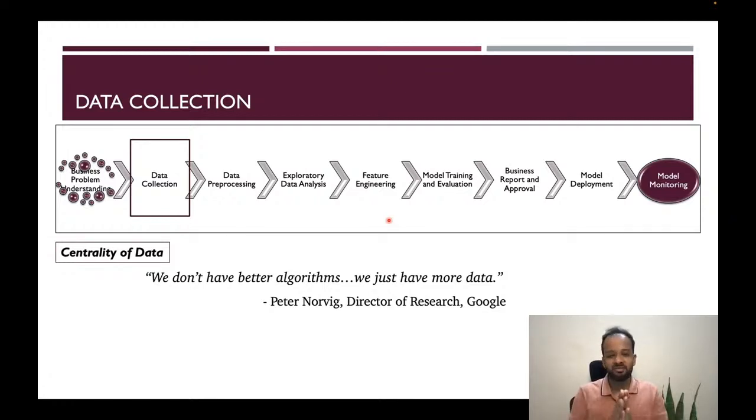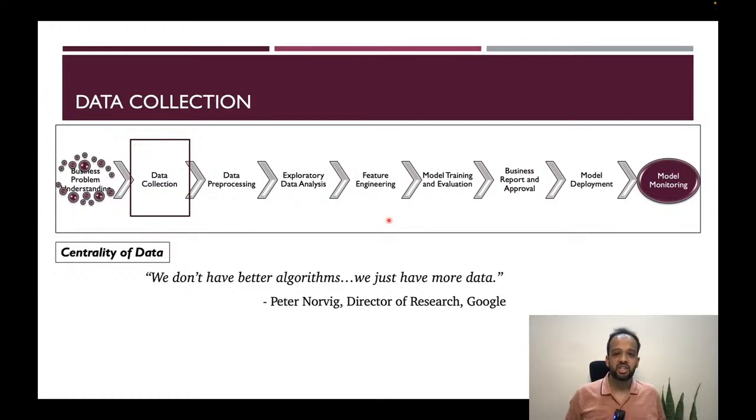They're not working with some fancy cutting edge algorithms. Obviously, other people are also working with similar algorithms, right? Google doesn't have something very, very different. Obviously, there will be some nuances, some breakthroughs here and there, right? But as a general statement, we don't have better algorithms. We just have more high quality, structured, well processed data, right?